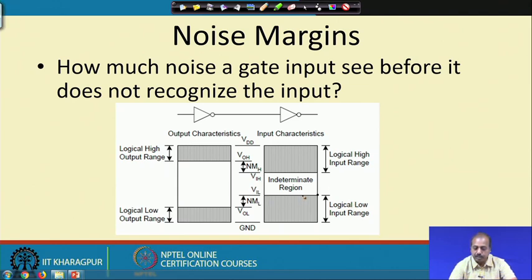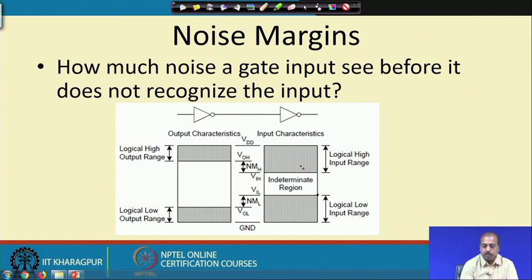Any signal whose value is between 0 and VIL is taken as low by the second gate, and anything between this VIH and VDD is taken as logic high by the second gate. Now, what is the condition on the first gate?